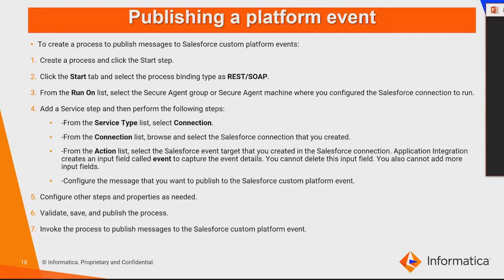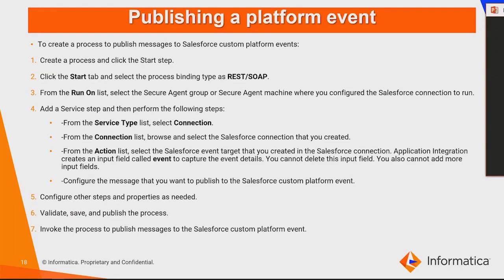The thing to note here is that usually everyone uses the first way of publishing that event. The drawback with that is you need to make sure that both your connection as well as process are published on the same agent or agent group.